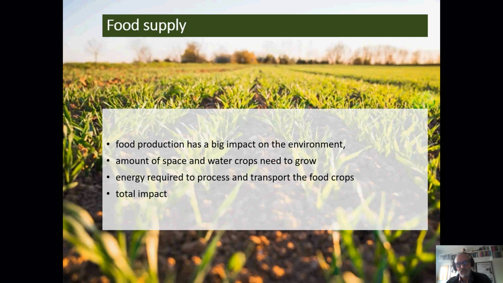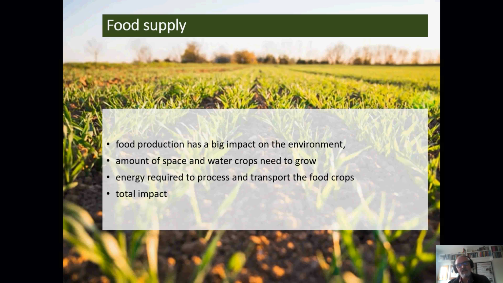What we need is flexibility, and we need a range of ways of addressing the problems of food supply for cities.